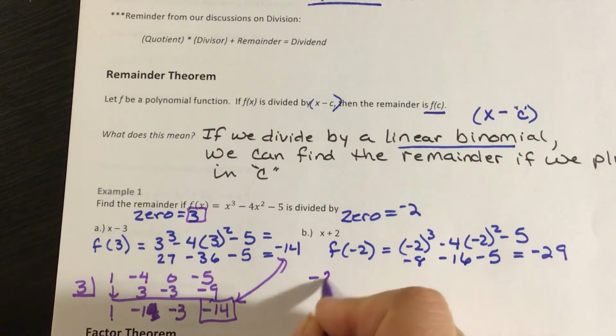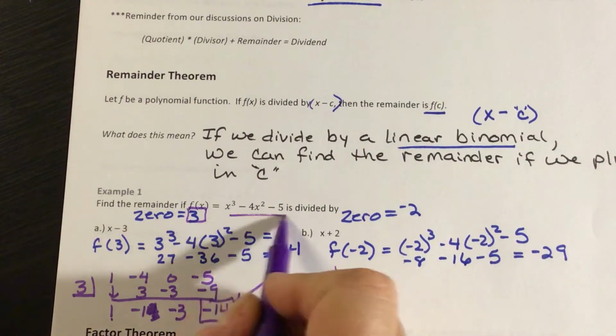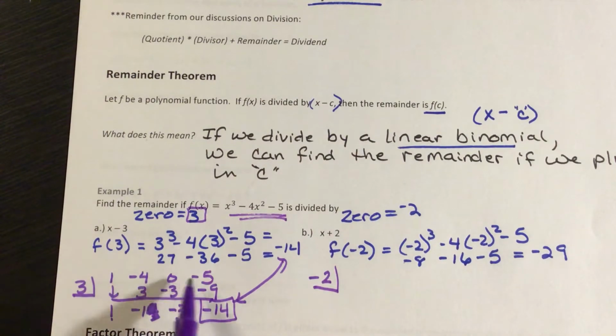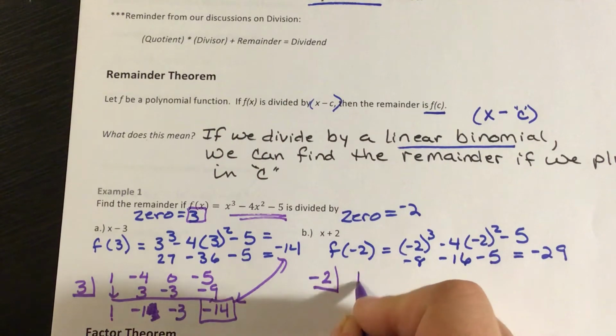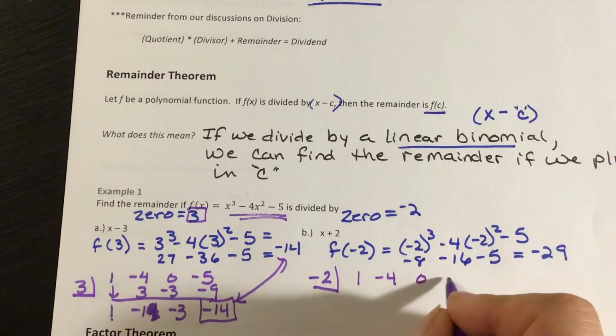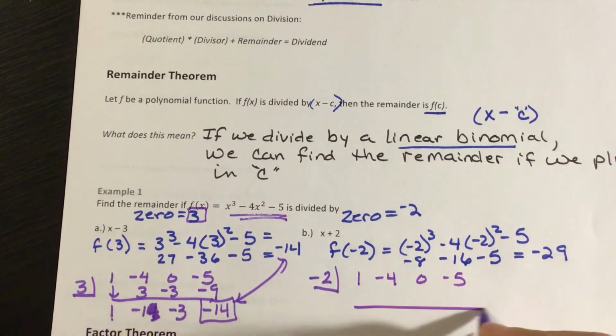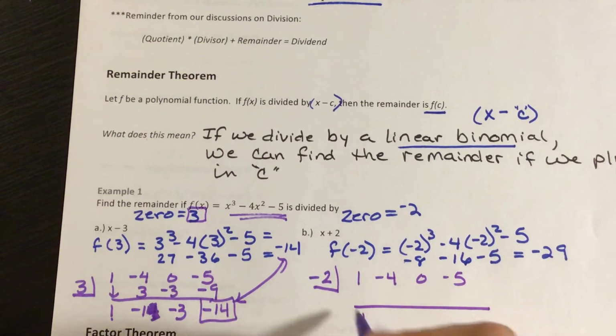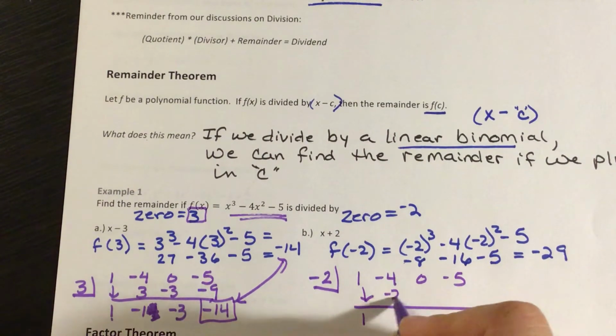All right, same thing with synthetic division. My 0 is negative 2. I'm using the same function, so I can use the same numbers as my coefficients: 1, negative 4, 0, negative 5. Bring down the 1. Negative 2 times 1 is negative 2.